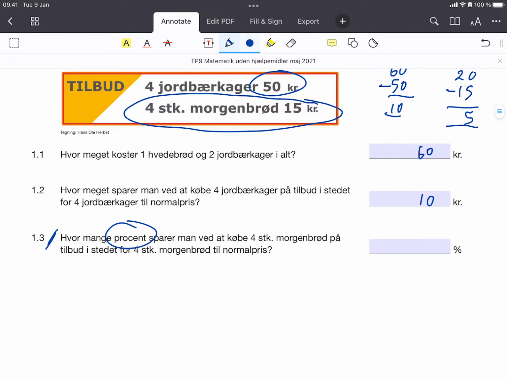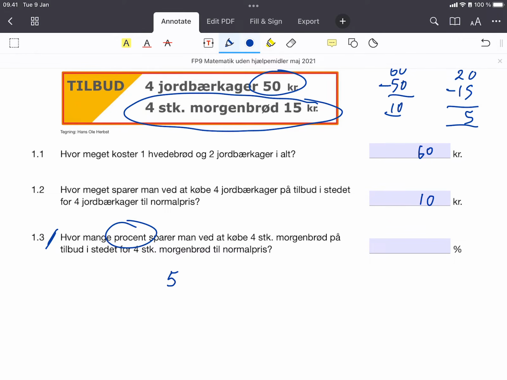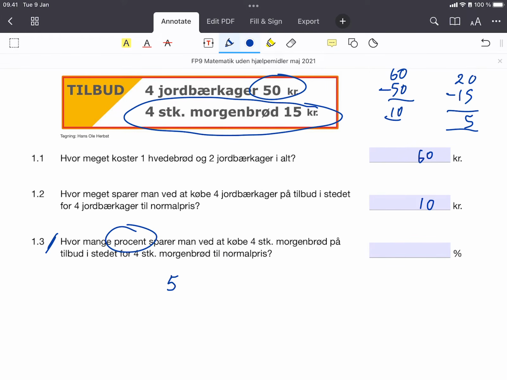Now, when you're working out how much you're saving or how much is changing, it's always got to be out of the amount that it's changing from. So you're saving 5 out of an original 20 kroner. You're saving 5/20ths of the original price. You want that as a percentage, which is out of 100. So you need to multiply it by 100 on the top. So the percentage that you save is 5 on the top over 20 on the bottom times 100 on the top.